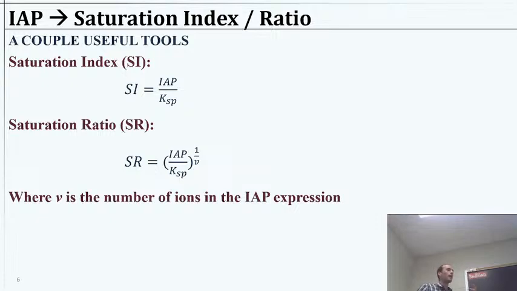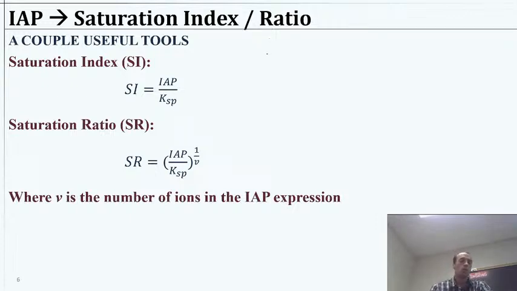Is it higher? Is it lower? We can formalize that a bit: take the ion activity product and divide it by the solubility product, the equilibrium constant.